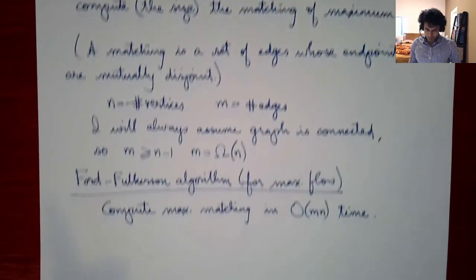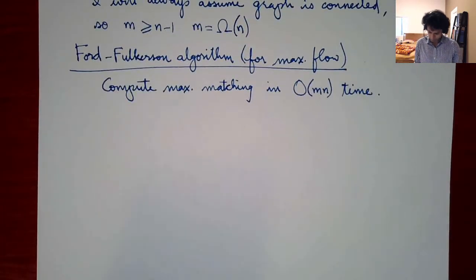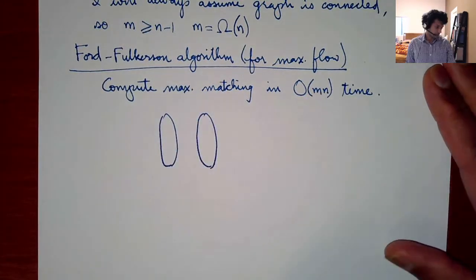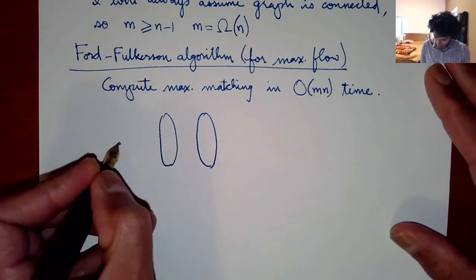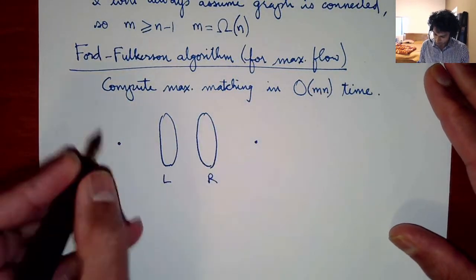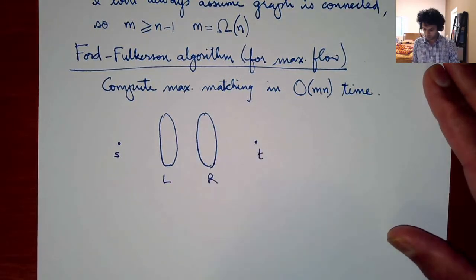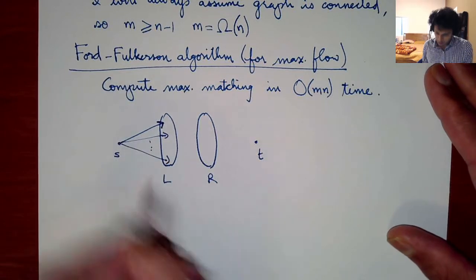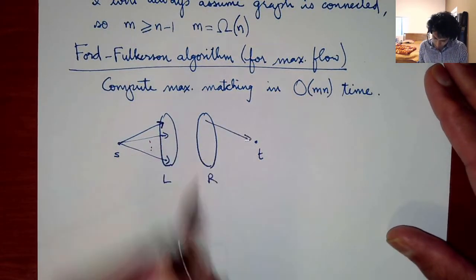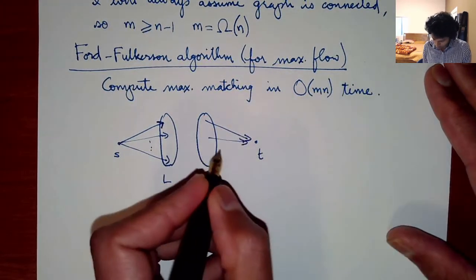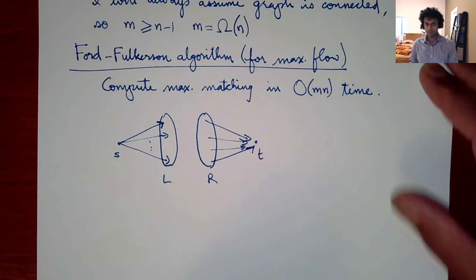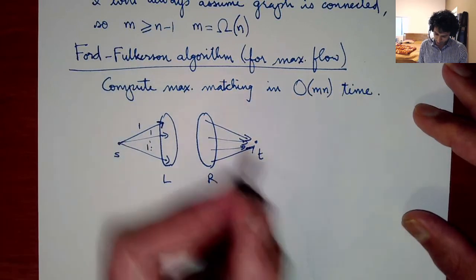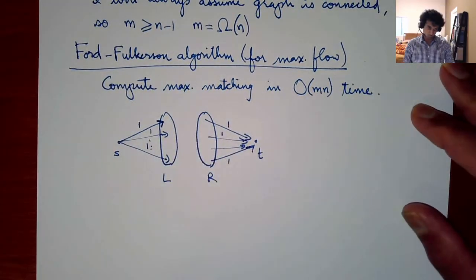Okay, so the way that Ford-Fulkerson works is, one way to think about it is it takes the bipartite graph. So here is L, here is R. It's going to create a super source vertex called S. It's going to direct edges as follows. So from S to L and from R to T. The capacities on each of these edges is 1.